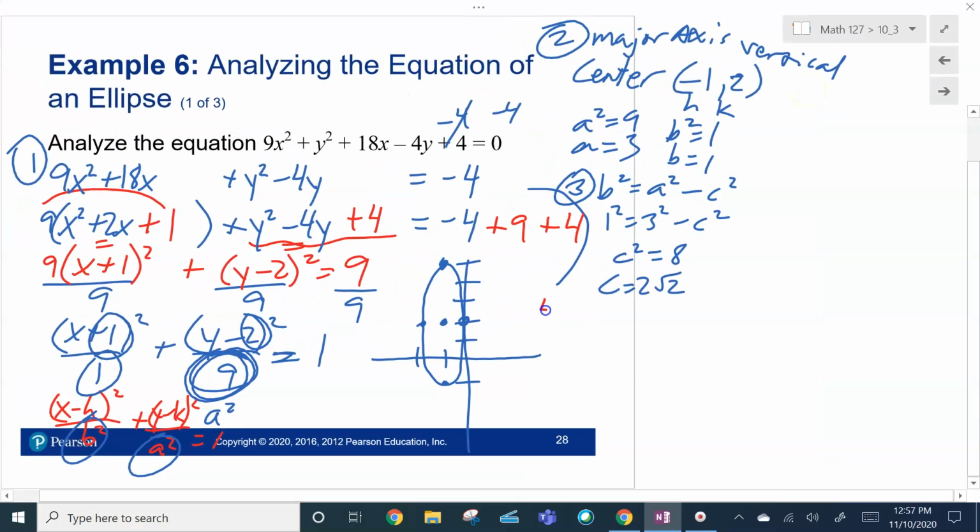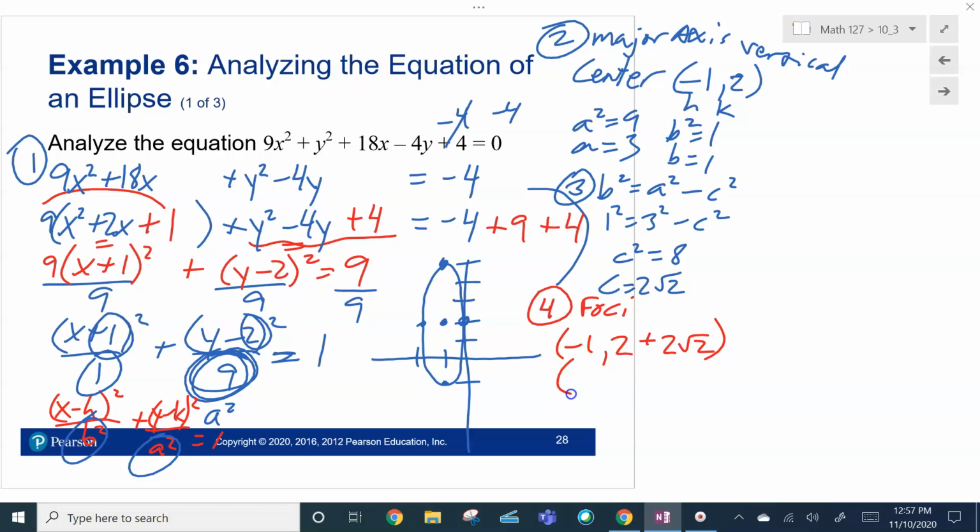Where's my foci at? Well, the center's at -1, 2, but it goes up 2 root 2 from there, or down 2 root 2 from that y value. So up 2.8 kind of thing. So 2 plus 2.8 is 4.8, so it's about right there.